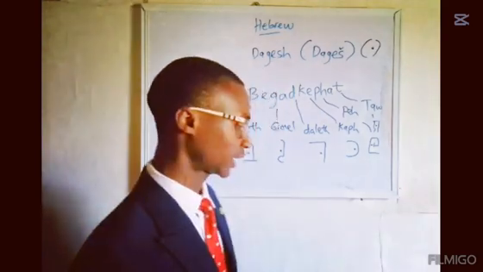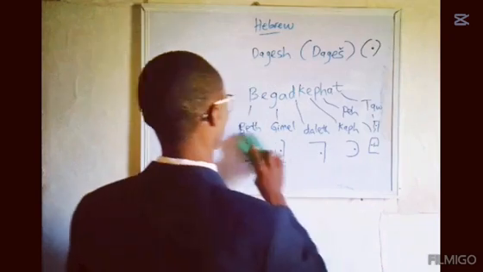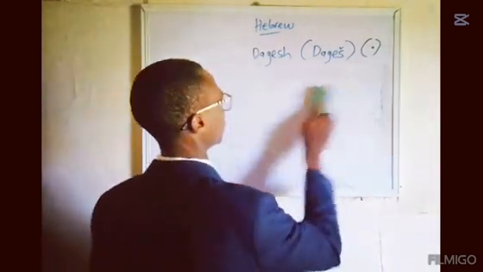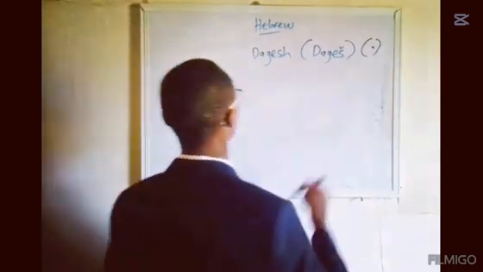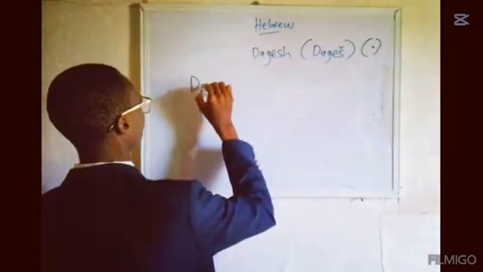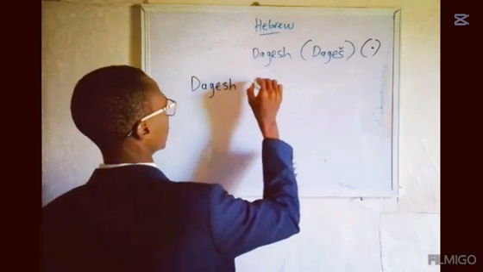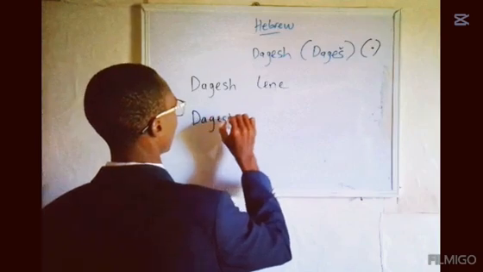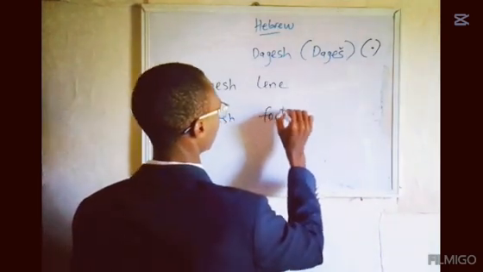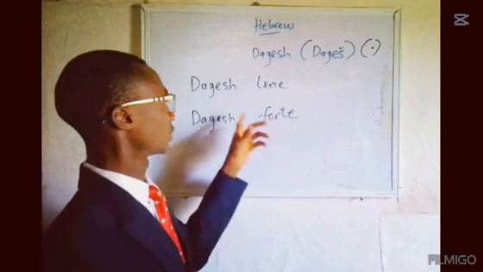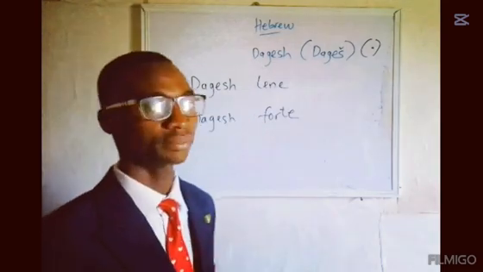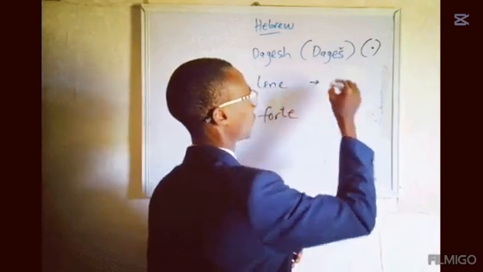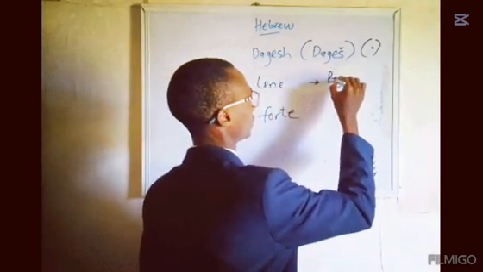So let's move to Dagesh Lene before we dive into the Dagesh Forte. Dagesh Lene is a dot formed at the bosom of the Begadkefat letters.